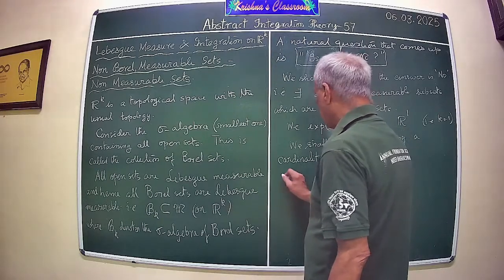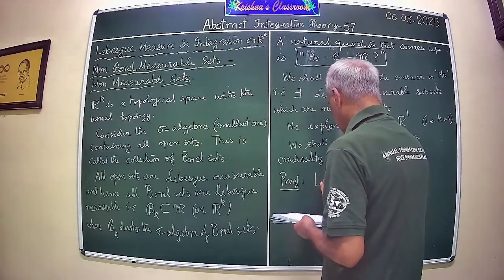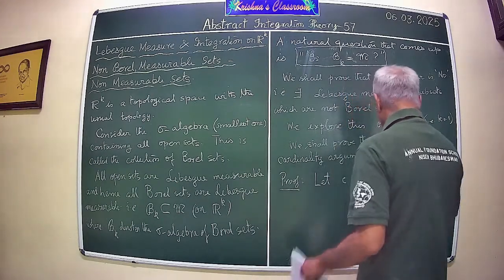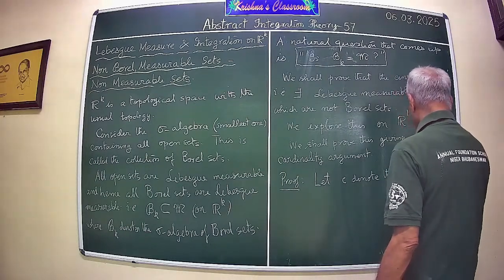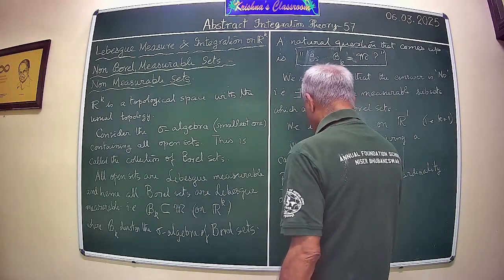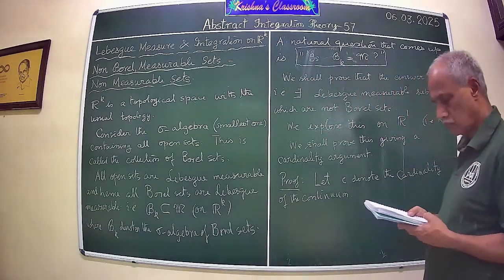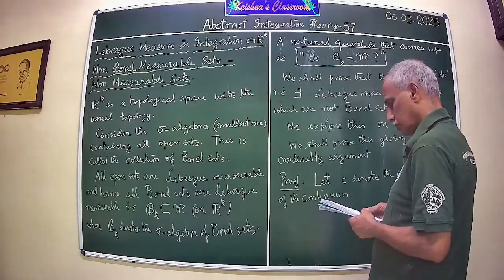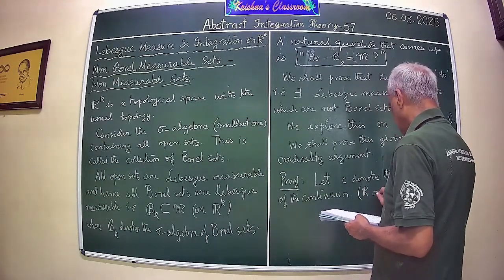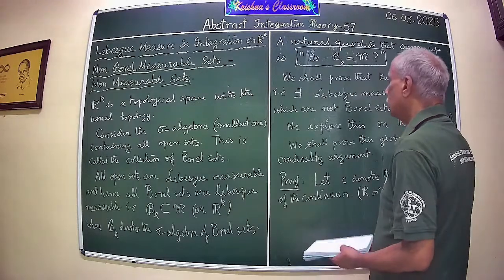So, small c denotes the cardinality of the continuum, like say the cardinality of R, or the set of all subsets of the set of integers.